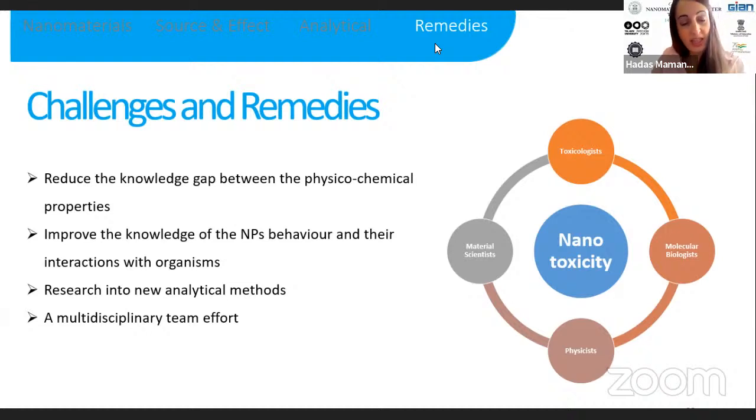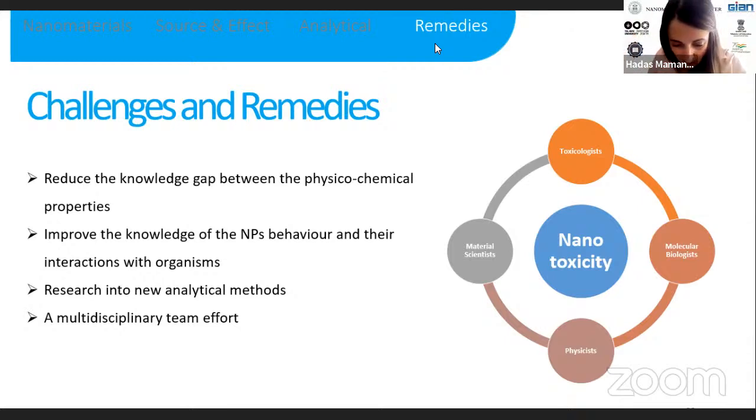And this is the key point before we go to the break: a multidisciplinary team effort from material scientists, molecular biologists, toxicologists, physicists, and environmental engineers really needs to work together to facilitate the interlinking of different facets of nanotechnology and to understand the exposure and mechanisms involved, both on the cellular level and the engineering level.